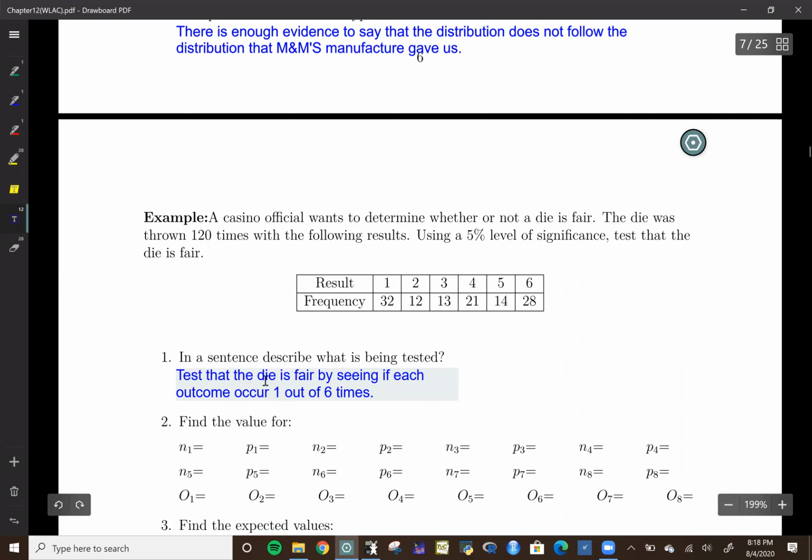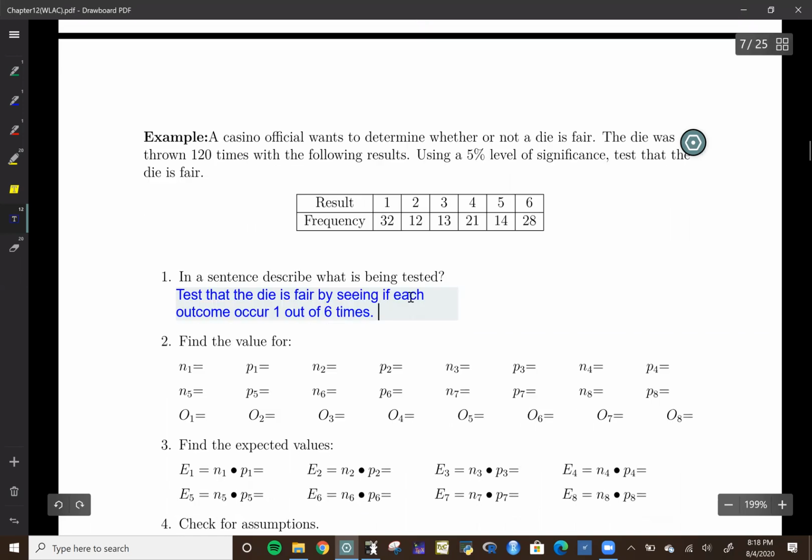So that's what we're testing. We're trying to test to see if this follows the distribution of a normal die. Because if this follows the distribution of a normal die, that means all of these frequencies should be pretty close to each other.